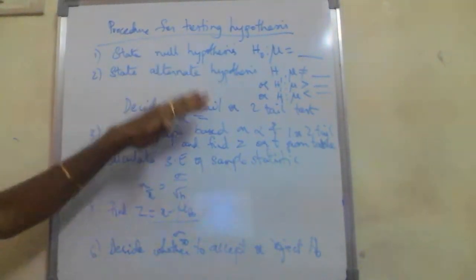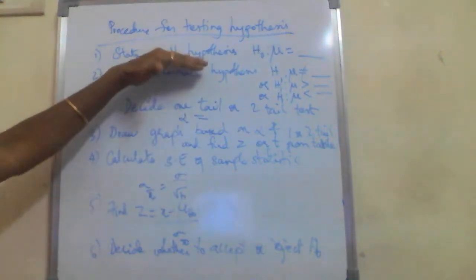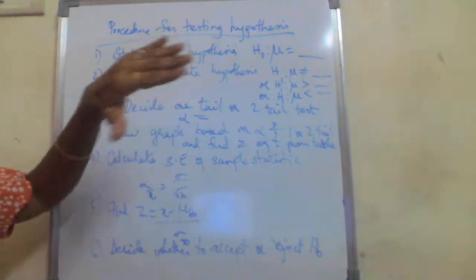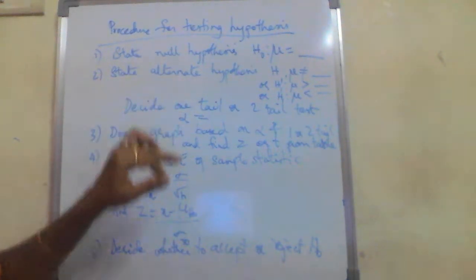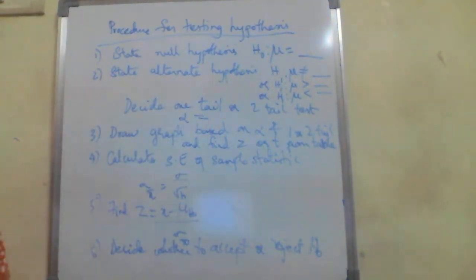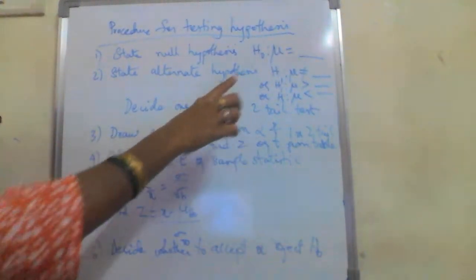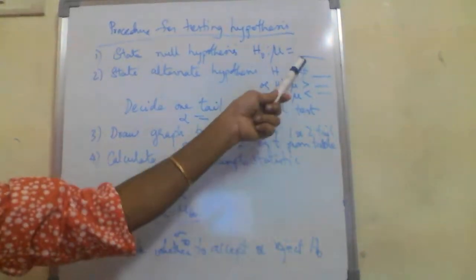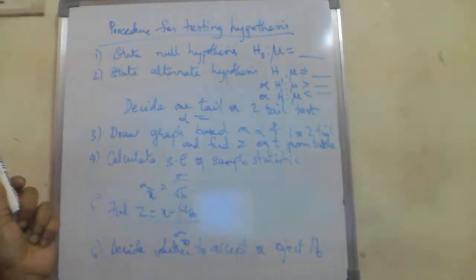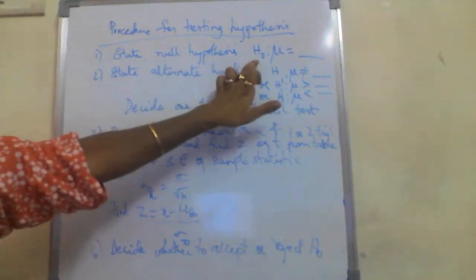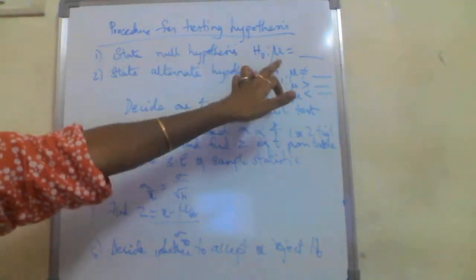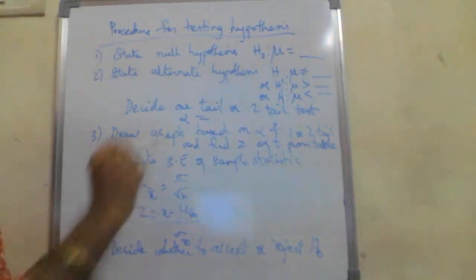We are doing all this problem only to check this null hypothesis which you have assumed. I already said null hypothesis is an assumption which we wish to test. So we will be testing for this mean value. Whatever mean value you write here, our aim is to check that particular value. So the first thing is you have to write the null hypothesis, that is H naught: mu equal to whatever value is there.